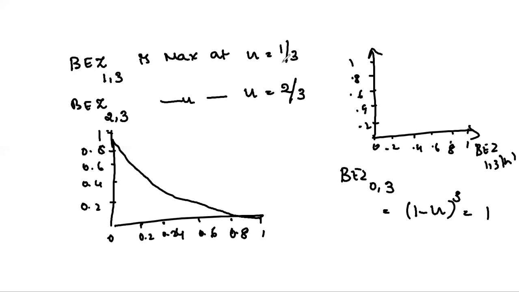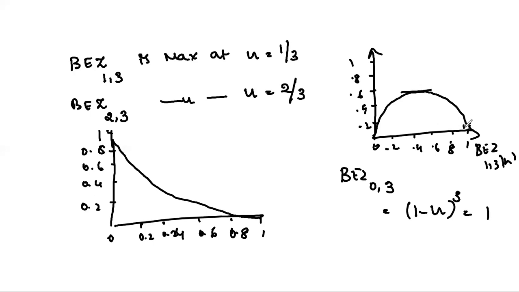So in that case, if I take it as 0.3, then if I substitute this, I'll get the curve somewhere like this.